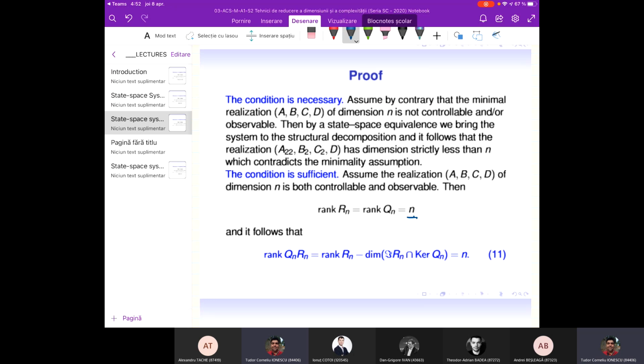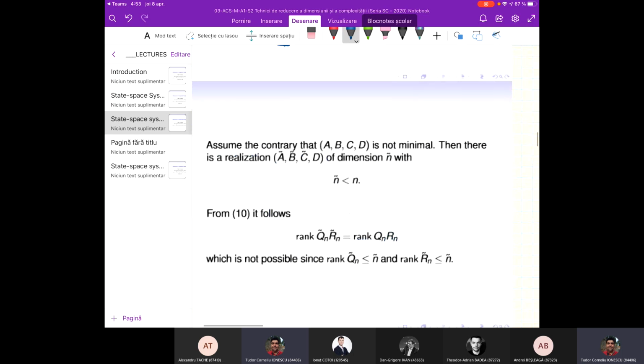Hence the rank of Qn times Rn is the rank of the matrix Rn, this one. This is a relation from matrix theory, minus the dimension of the intersection of the image of Rn and the kernel of Qn. And this is n.